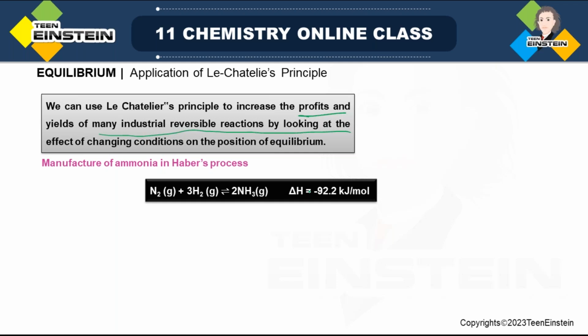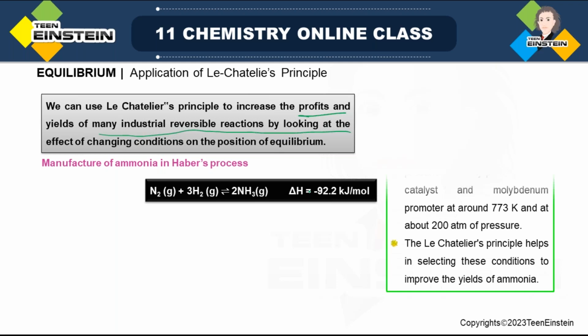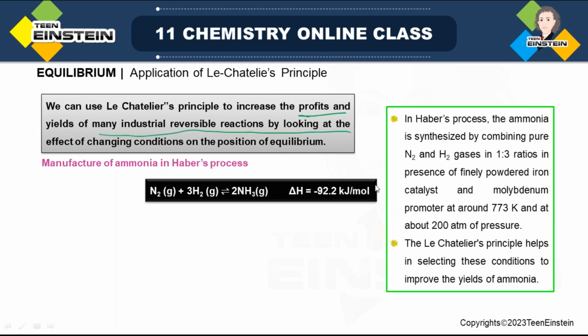Now we have this reaction and our purpose is to maximize the yield of ammonia. That means we have to control the conditions in such a way that the amount of ammonia is high when equilibrium is reached compared to N2 and H2. So these are the conditions we have to maintain. In Haber's process, ammonia is synthesized by combining these two in 1:3 ratio, in presence of a catalyst, which is iron catalyst.